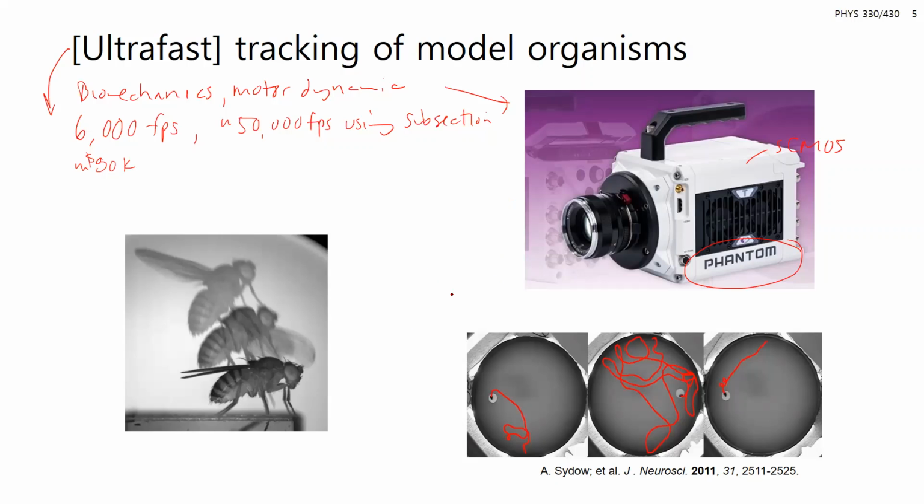But you can also do tracking at much slower speeds. So down here is an example that I've seen quite a bit in mouse studies. Mice hate being wet, and in this example here, this is a pool of water with one pedestal in that pool. You'll introduce the mice to the pool and they'll swim around until they find this pedestal, and then they can dry off and stand on it.